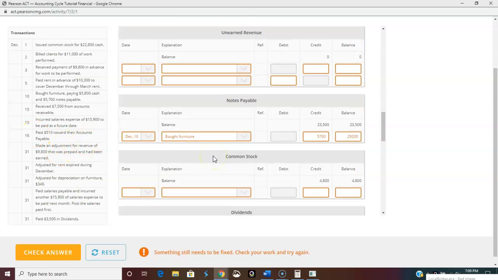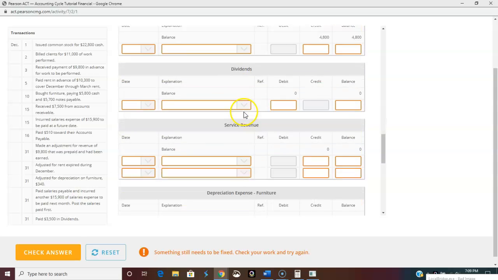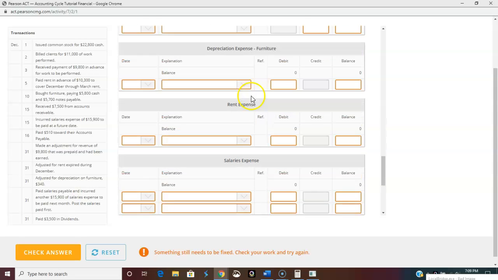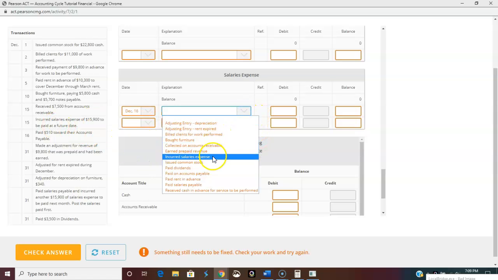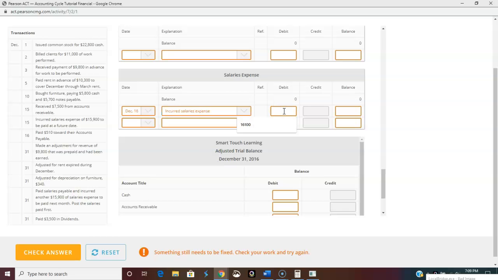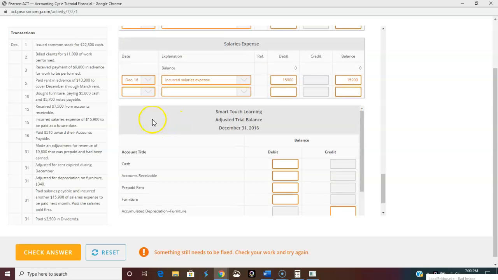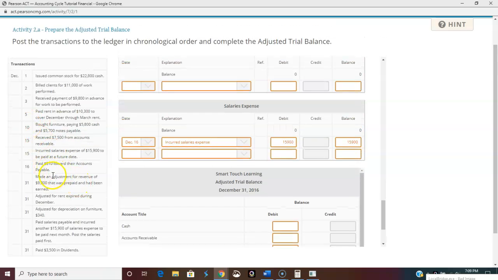We didn't get the salaries expense, so we need to come down here and find that. Depreciation. Okay, that was on the 16th. Incurred expense of 15,900. And the balance is then 15,900 there. Okay. So, and we did that. We did the accounts payable one.